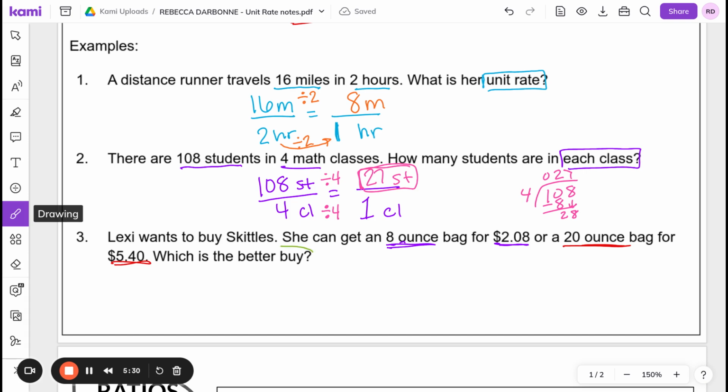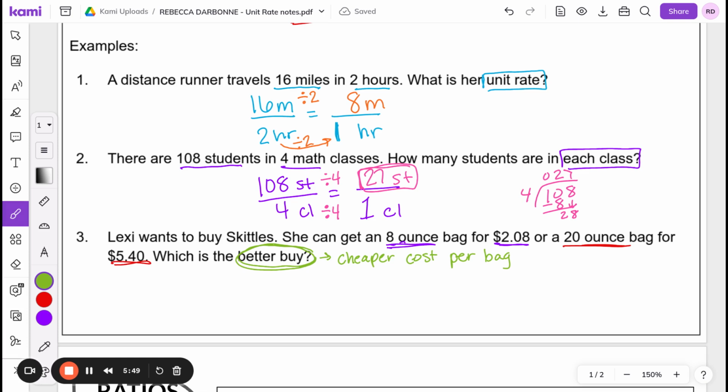So when we're talking about this phrase, better buy, we want cheaper cost per bag. So we don't know how much each bag costs. I guess this example would be cheaper cost per ounce. We have different ounces.